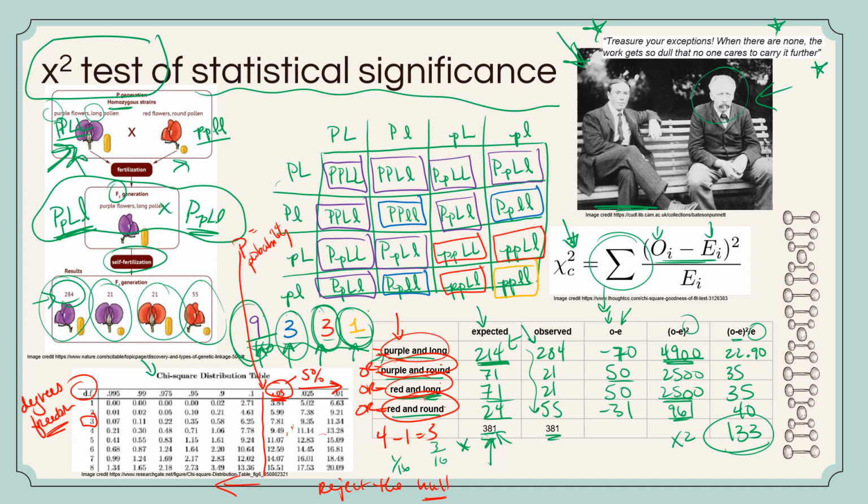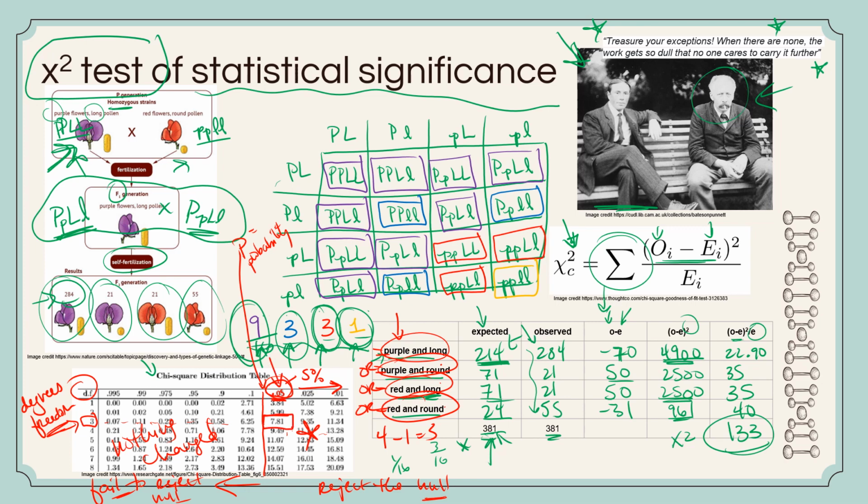Over here, if I'm greater than that 0.05, we fail to reject the null. Basically, we're saying that nothing happened, really nothing happened. Nothing changed. Over here, something changed.